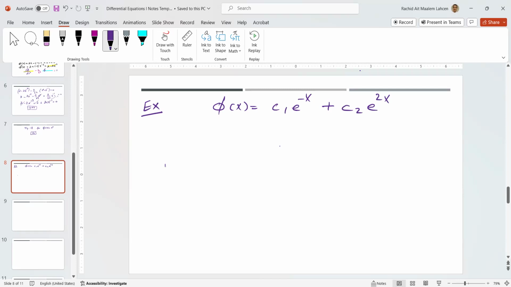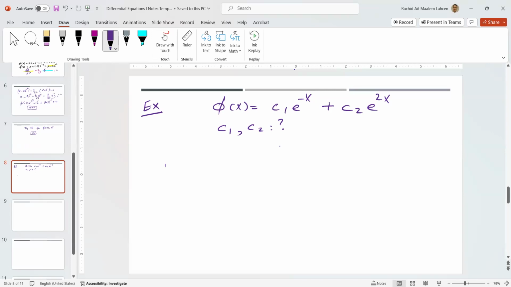So here we're going to try to show whether these constants C1 and C2 matter or change this function and make it not an explicit solution, right?